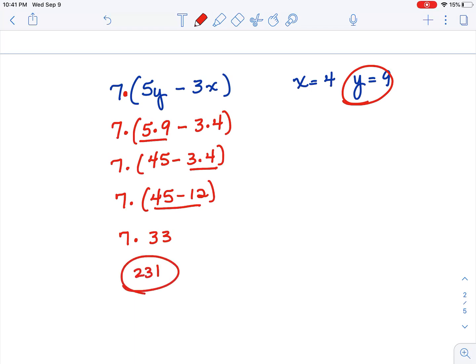So it's 231. So don't forget side by side here means to multiply. That doesn't mean 34. That means 3 times 4. And when you have that space there, that means side by side again, which means to multiply.